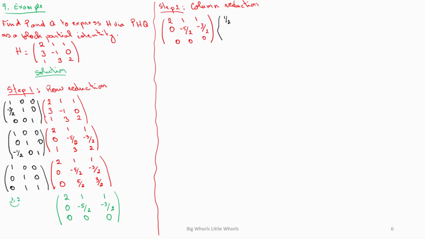I want to turn the 2 into 1, so I want to multiply by a half. So I'm going to use this matrix 0, 0, 0, 1, 0, 0, 0, 1. Okay, so here it is, we have a half.